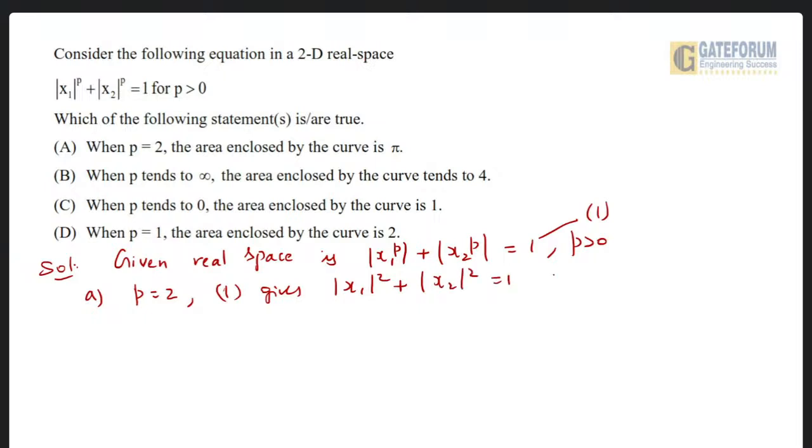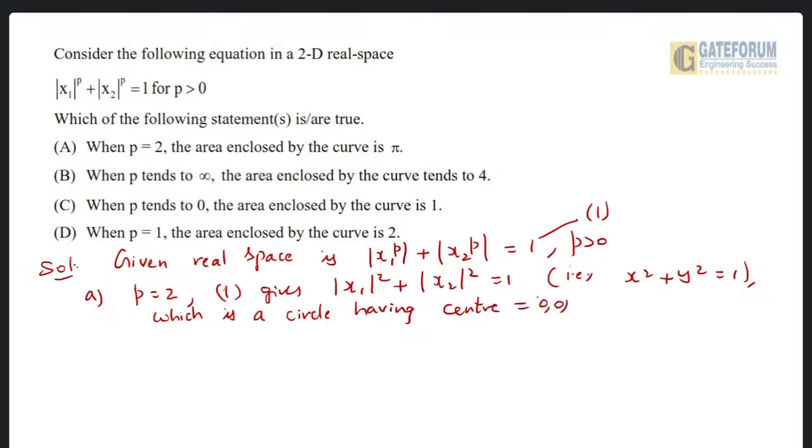So this looks like a circle equation, x square plus y square is equal to 1, which is a circle having center at the origin (0, 0), radius is equal to 1.